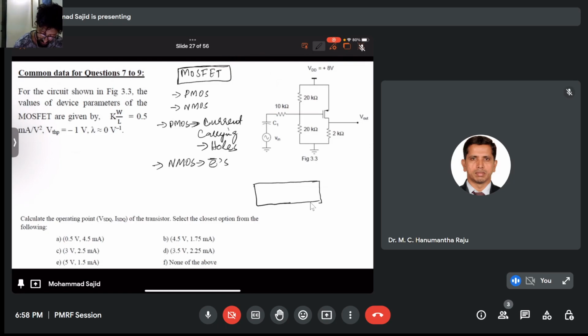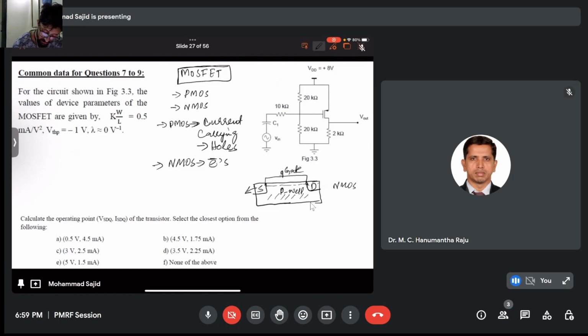if I draw a basic schematic of MOSFET, source, drain, this is NMOS, let's say, this is your gate, so we call this a substrate. If this is an NMOS, the channel has to be of electrons, so your substrate should be p type, call it p well, or p substrate.